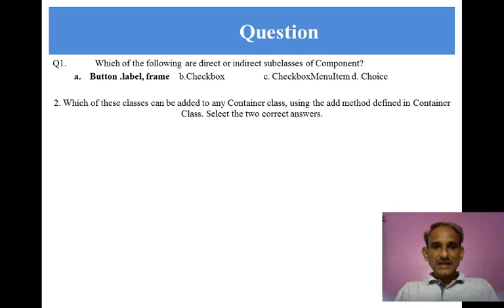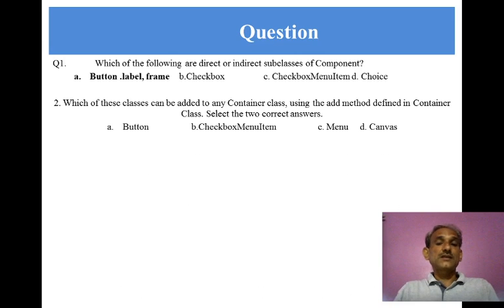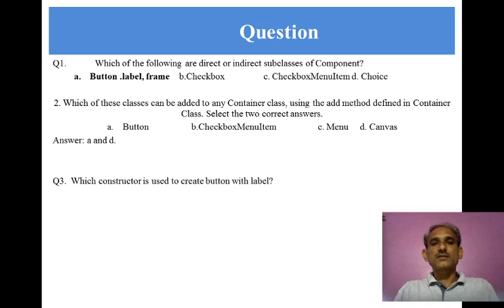Which of these classes can be added to any container class using the add method defined in the Container class? Select two correct answers. Here they are asking for two correct answers, not a single one. So you have to choose two correct answers from A, B, C, D. Here the answer is A and D, that is Button and Canvas.